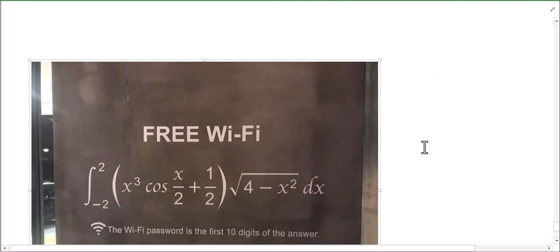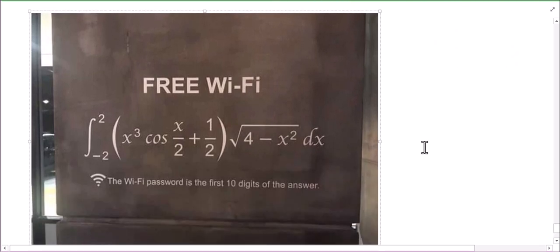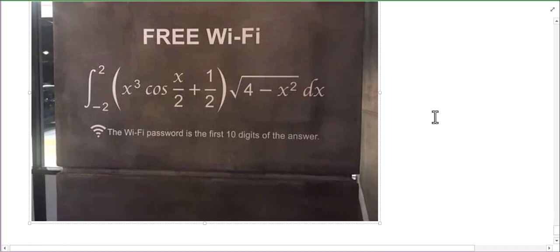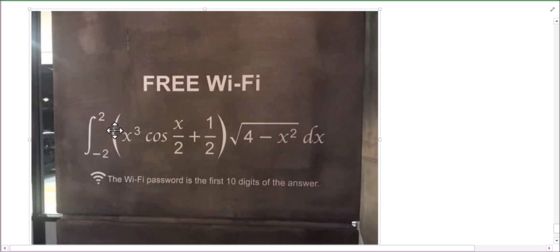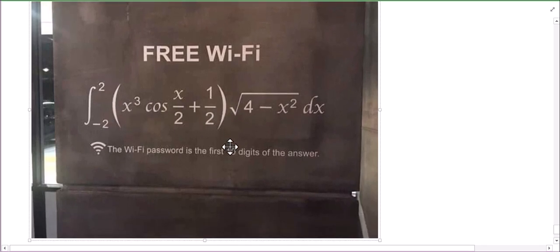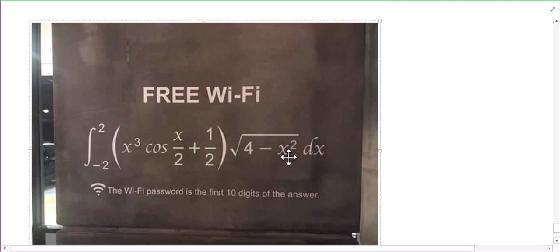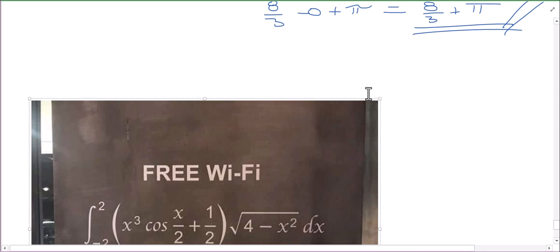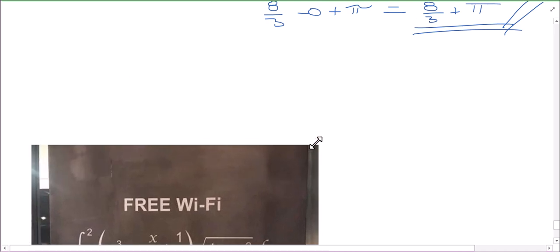So they had this somewhere for the Wi-Fi password, and it was the integral from -2 to 2 of this. And so that was the password. So this says the Wi-Fi password is the first 10 digits of the answer. So can you figure out what that answer is? So I'll leave you with that question.